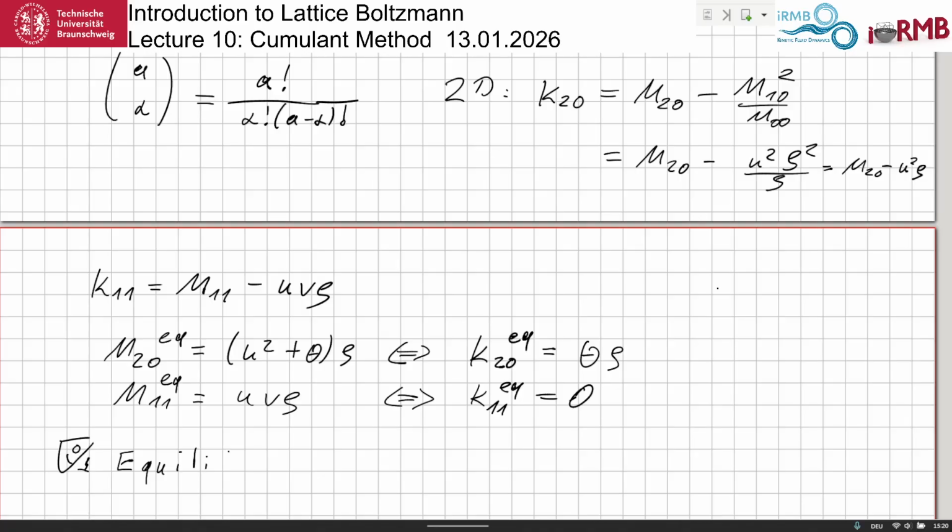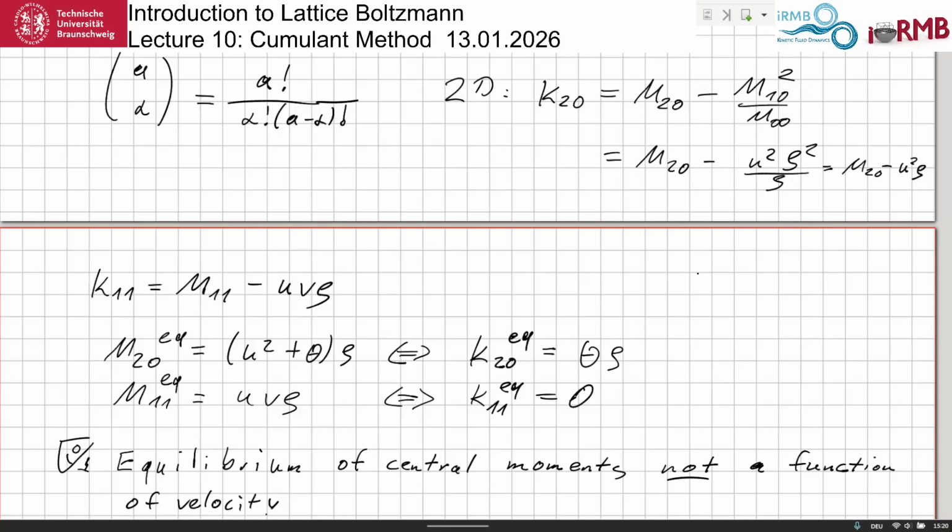The equilibrium of central moments is not a function of velocity, because in central moments, velocity is 0.